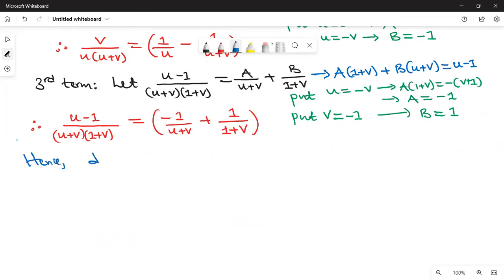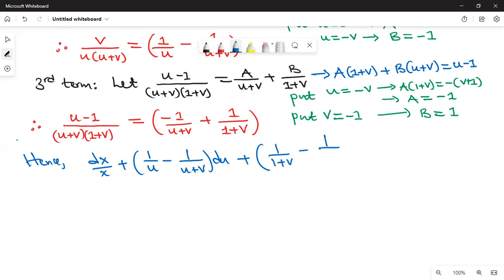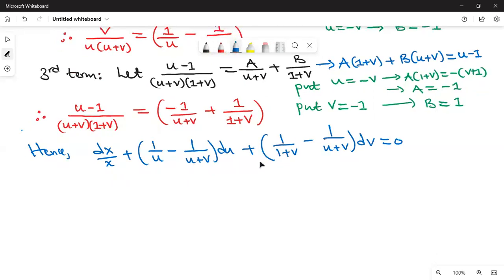equation star can now be written as dx over x plus 1 over u minus 1 over u plus v du plus 1 over 1 plus v minus 1 over u plus v dv is equals to 0. So that's what we have.